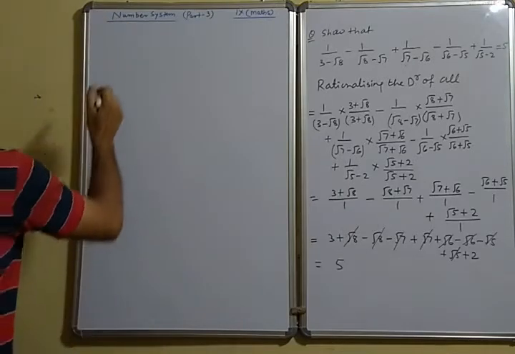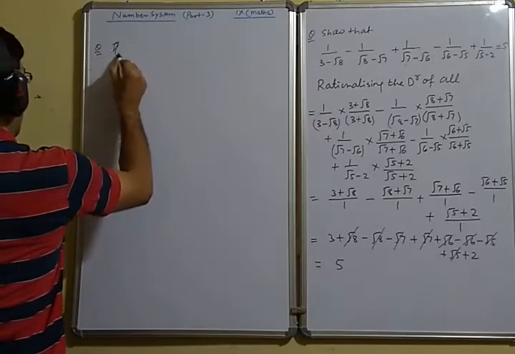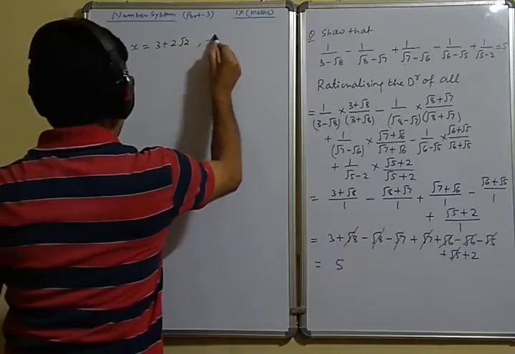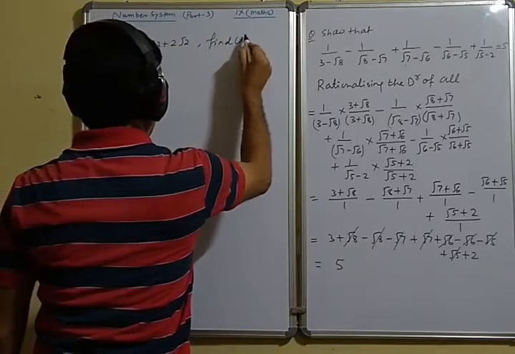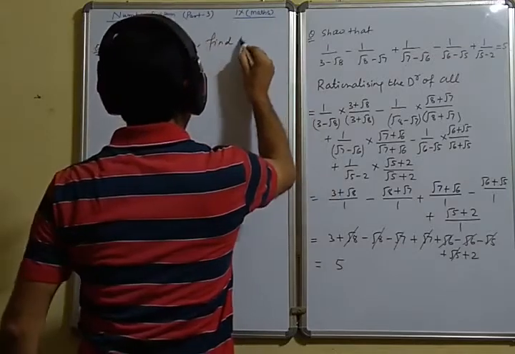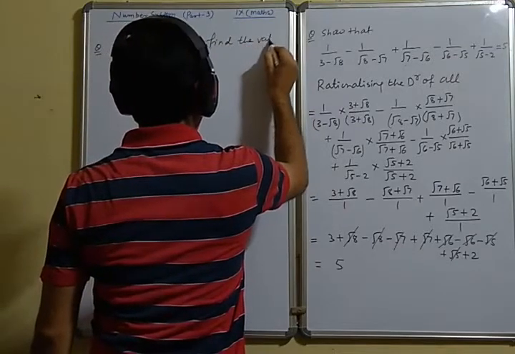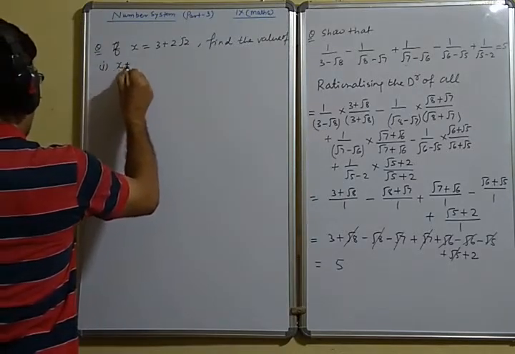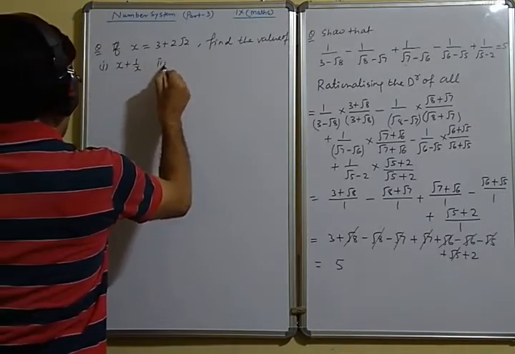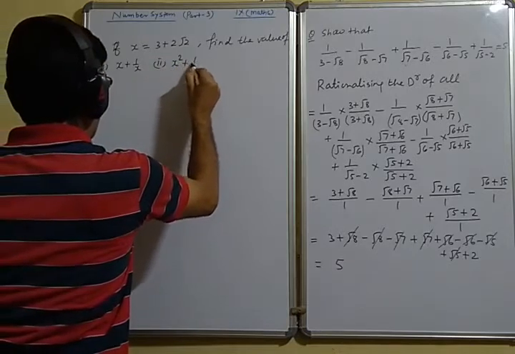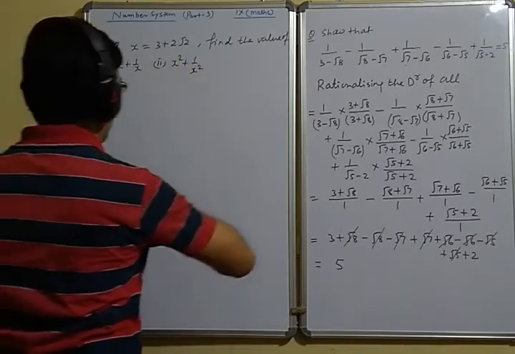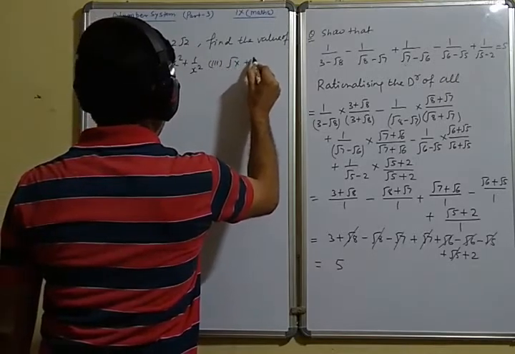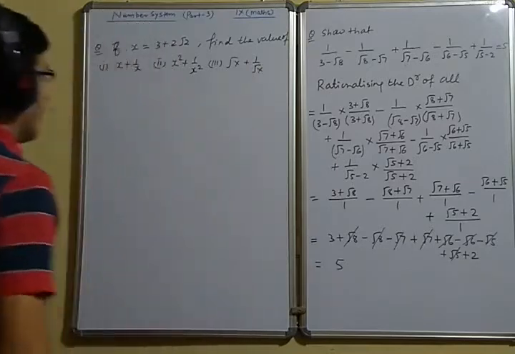If x is equal to 3 plus 2 root 2, find the value of: first part, x plus 1 upon x; second part, x square plus 1 upon x square; and the last part, root x plus 1 upon root x.